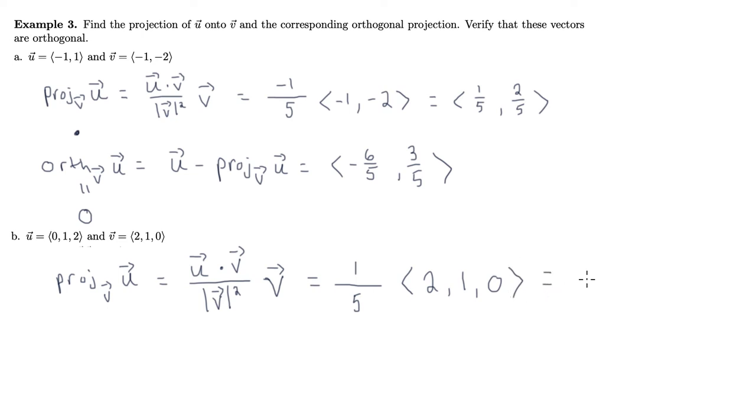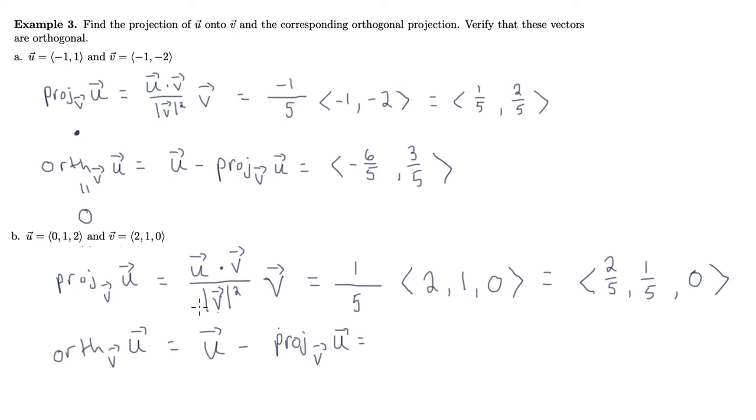So in other words, 2/5, 1/5, 0. And then the orthogonal projection is just going to be u minus the projection, which is going to be 0 minus 2/5, so negative 2/5.